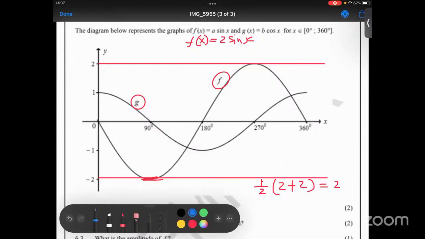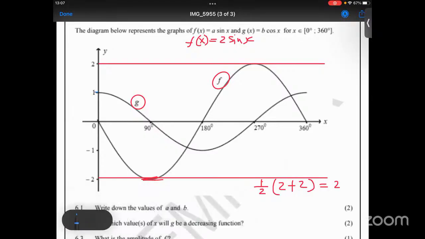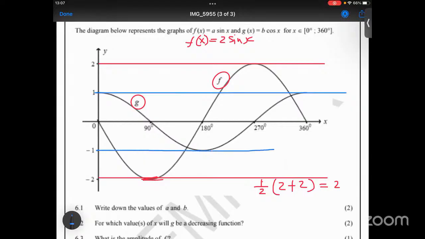That one of G, we can interpret it the same way and say its maximum value is that one over there, and then its minimum value is that one over there. It should actually pass there. Okay, so again, even that one, you can still say half of 1 plus 1, which will be half of 2.